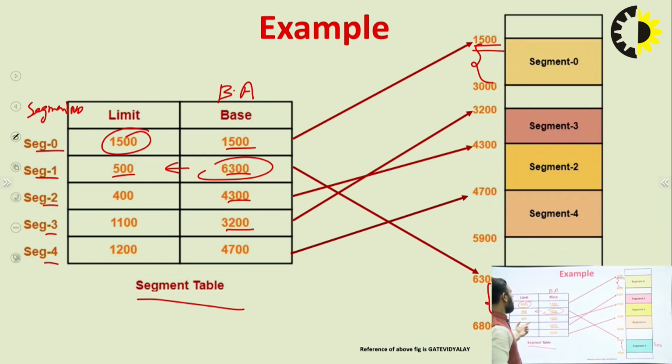Likewise, segment 2 has base address 4300 and limit 400. We add 400 to 4300, so it goes up to 4700. Likewise, all base addresses are mapped into main memory in this method. So that is the representation and storing of the table details in main memory.